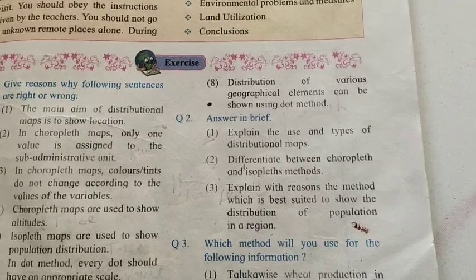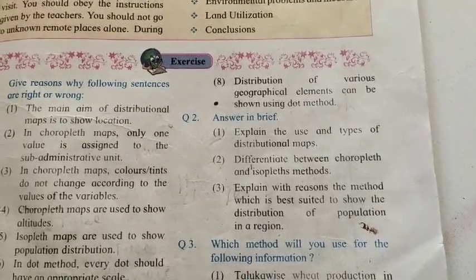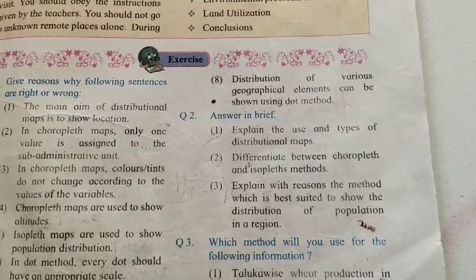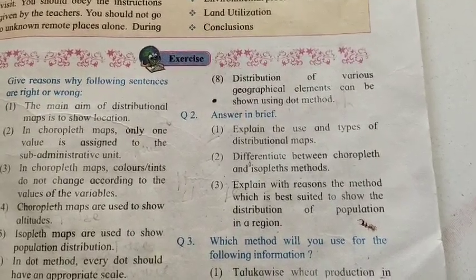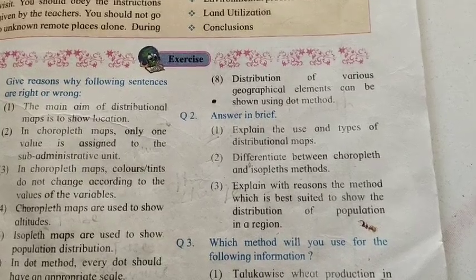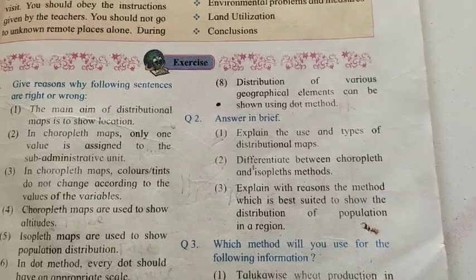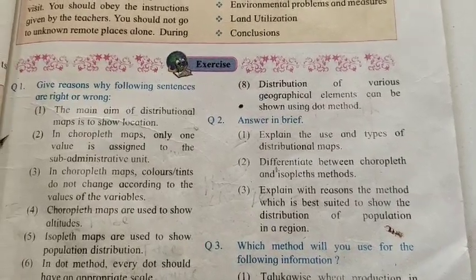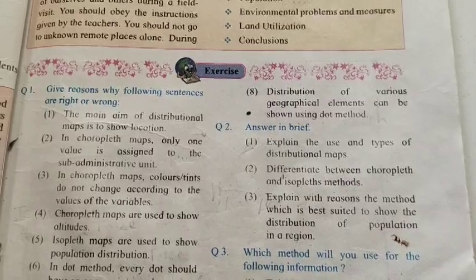The second point below the choropleth map, variables like population of human, cattle, crops, etc. can be shown. So in the second point we discussed which are the variables that can be shown using the choropleth method.